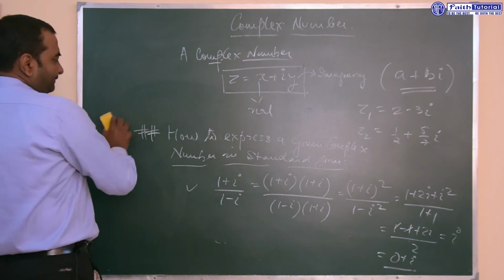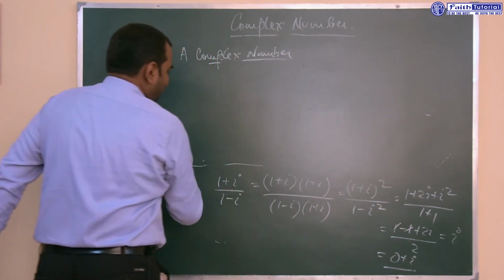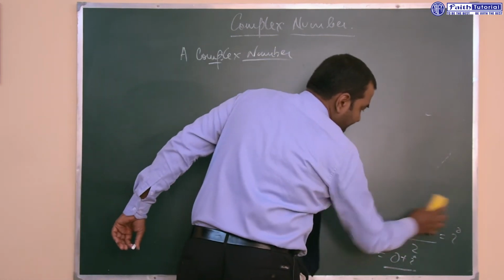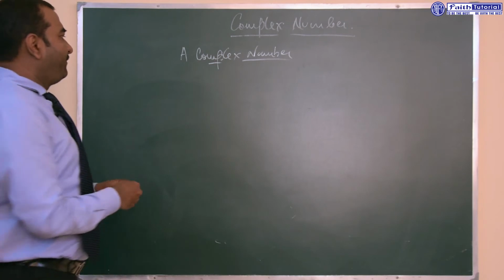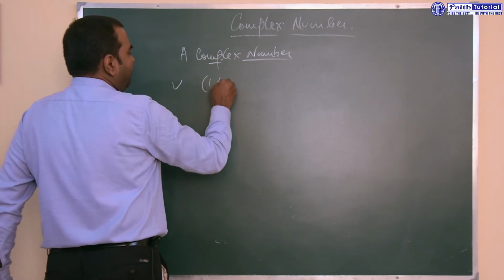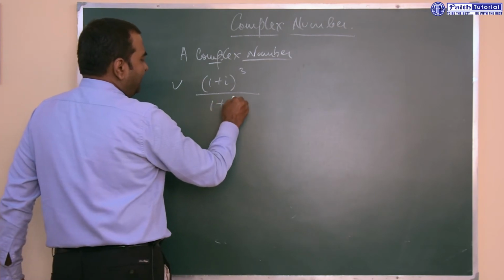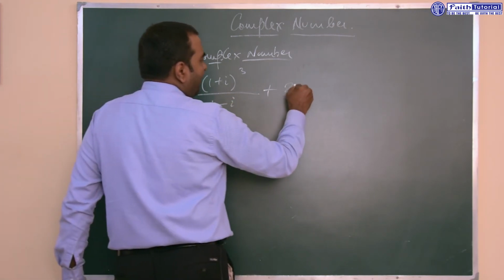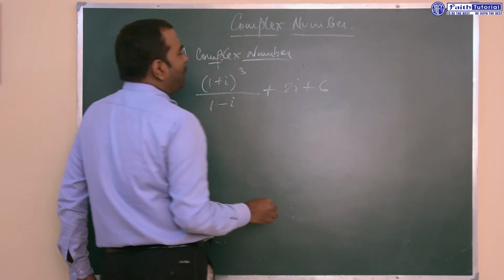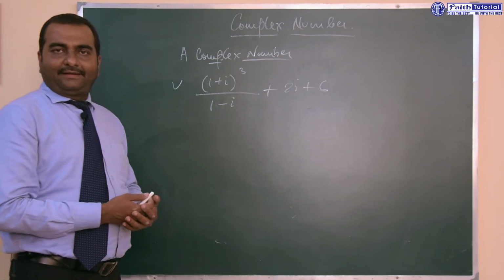For example, if we have a complex number given in the form of, say, (1 plus i) whole cube divided by 1 minus i plus 2i plus 6, now we have to find the a plus ib form of it, or the x plus iy form of it.